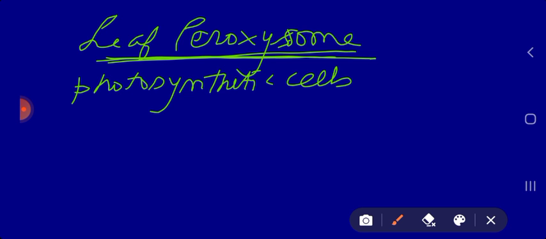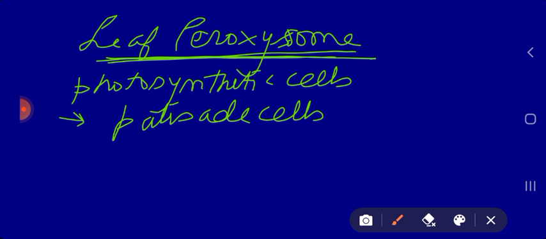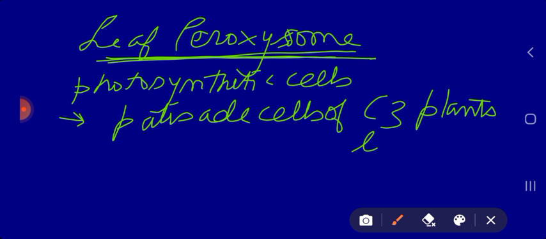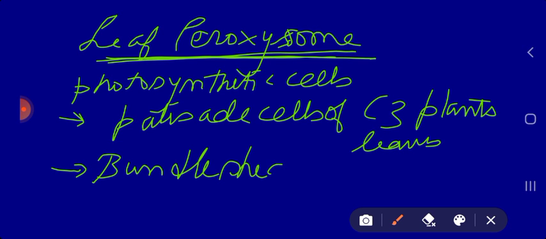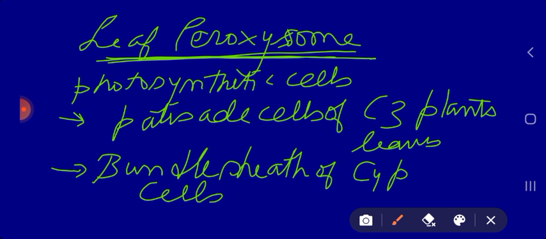Especially they are found in the palisade cells of C3 plant leaves, and they are found in the bundle sheath cells, better to say, of C4 plants.